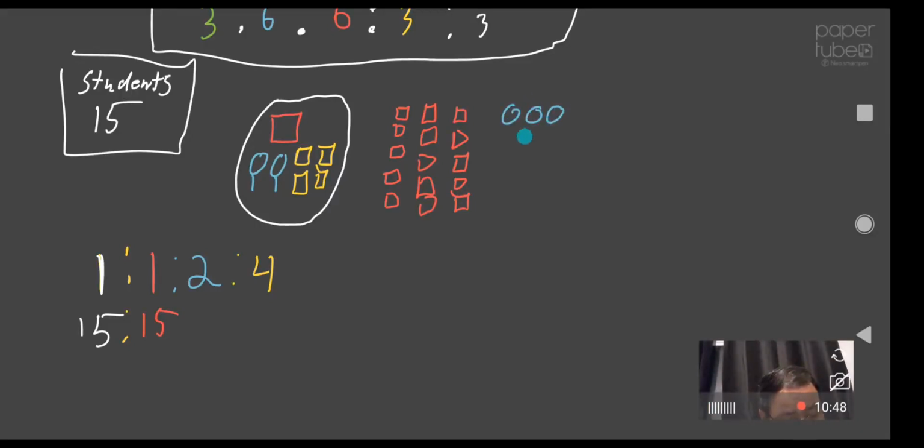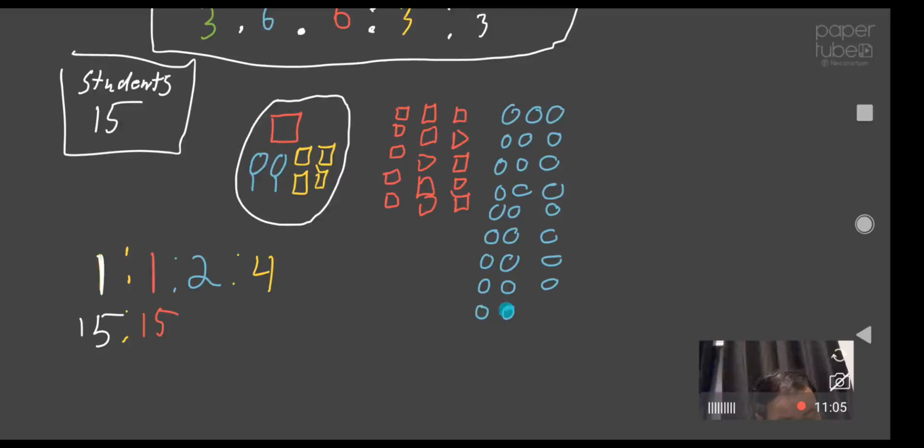1, 2, 3. 1, 2, 3. So we're going to have 30.